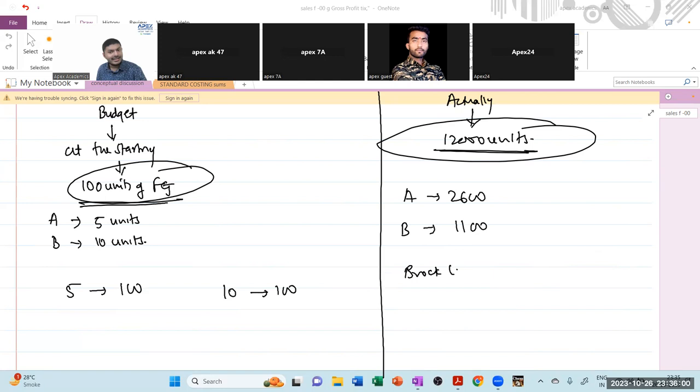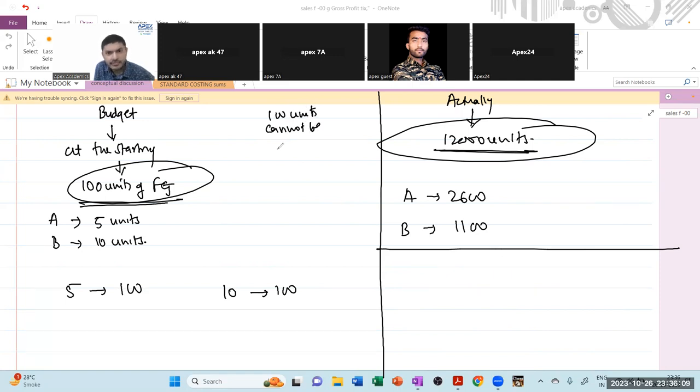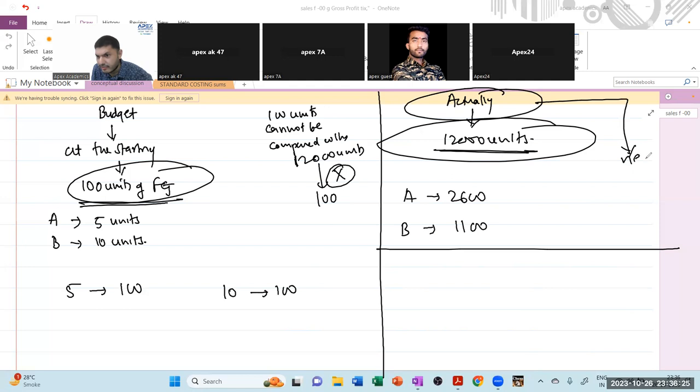Now, what is that process and what do I have to do? How do I get these people to become comparable? It is common sense that 100 units cannot be compared with 12,000. So should I make 12,000 to become 100? No. You will never ever revise your actuals.